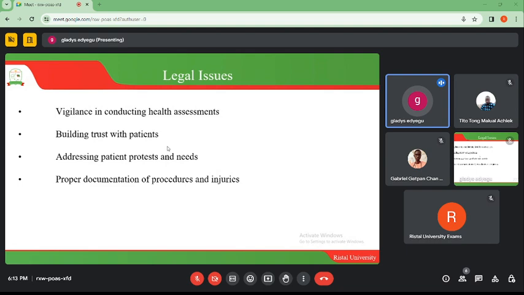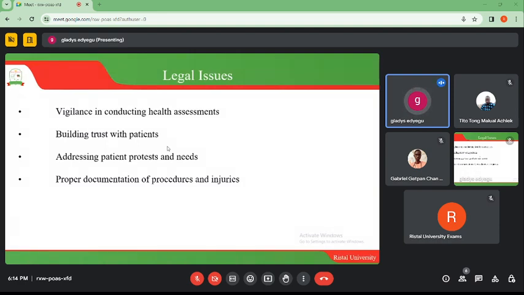You have to know why you are doing certain things, and when you do that, it can help us even in legal issues, because you're being vigilant in your assessment and doing things the right way, and you can support us in legal issues. So it is very important that when you're doing examinations or health assessment, you have to be very vigilant.